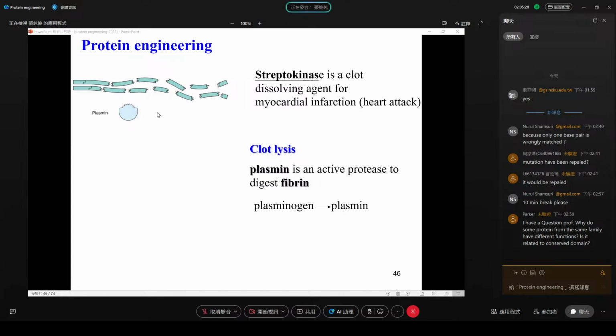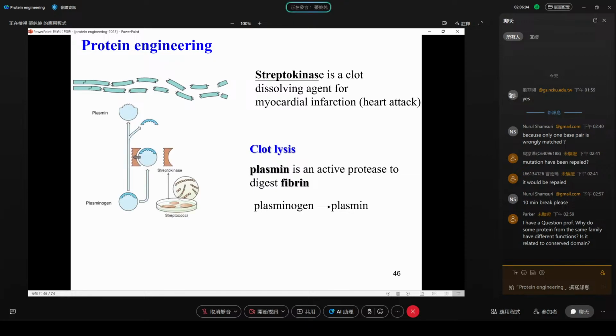So plasmin will digest the fibrin quickly. For patients with this kind of fibrin aggregation, no matter heart attack or stroke, we call this streptokinase, a kind of clot dissolving agent. That will be for myocardial infarction, and they are very powerful for this kind of emergency application. But later on, physicians started to feel some problem here.